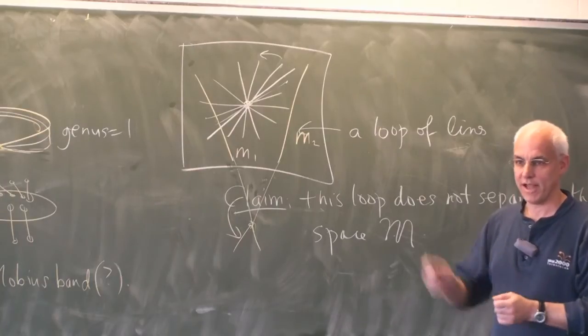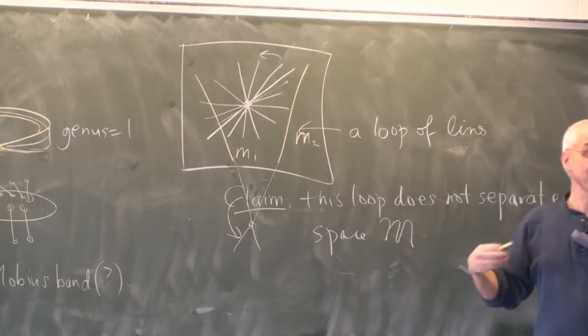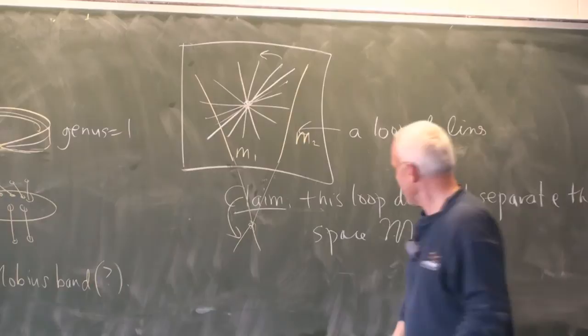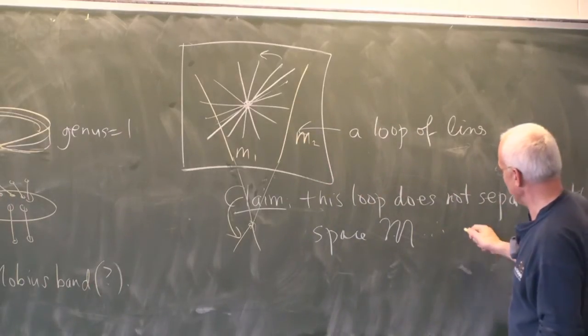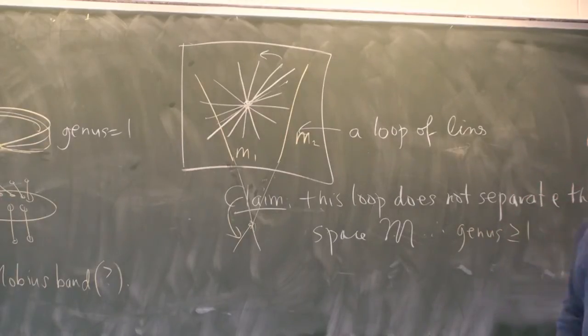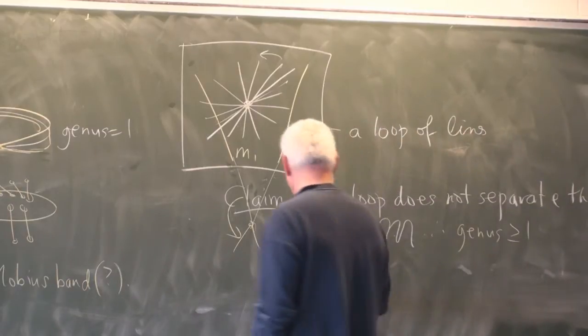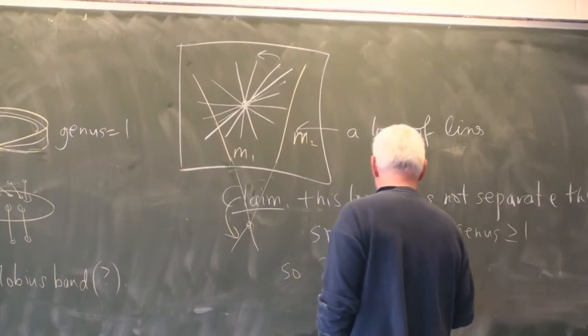So it shows that what we get when we cut out this loop is still connected. This loop does not separate the space, so therefore the genus is at least 1. So it can't be a cylinder, so M is a Mobius band.